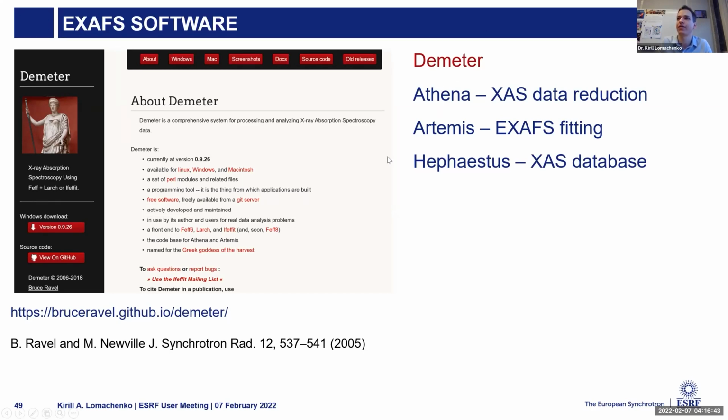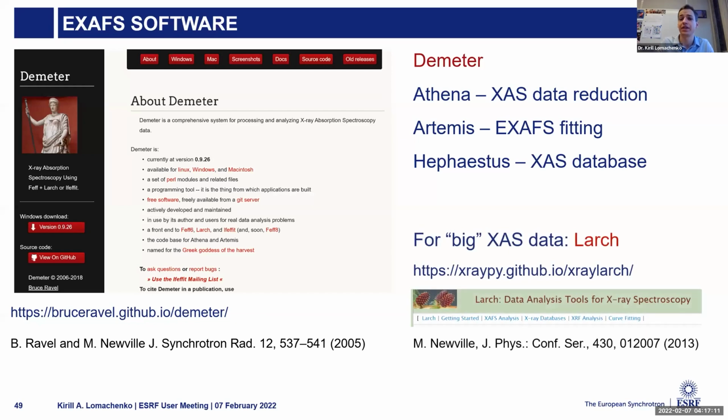And if you don't have a lot of XAS data, maybe up to 100 spectra, maybe 50 spectra, there is hardly a better way to look at them, just to get the feeling of different k-weights, different normalizations. So it's very, very nice software.